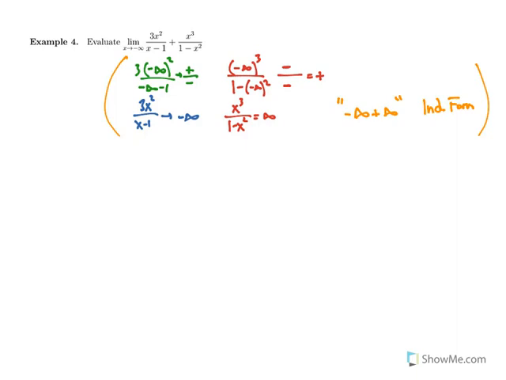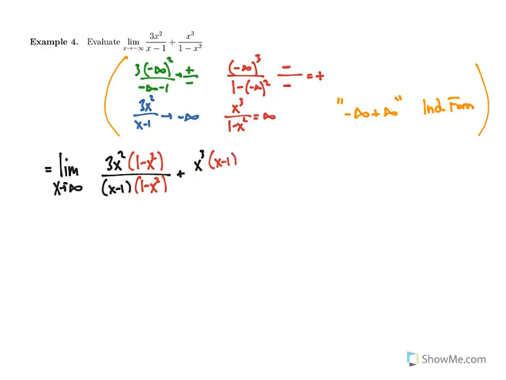And that's going to be doing common denominators. So let's write this as the limit as x approaches negative infinity of 3x squared times 1 minus x squared over x minus 1, 1 minus x squared. So we're multiplying the first fraction by 1 minus x squared, and the second fraction by x cubed and x minus 1 over 1 minus x squared, x minus 1.